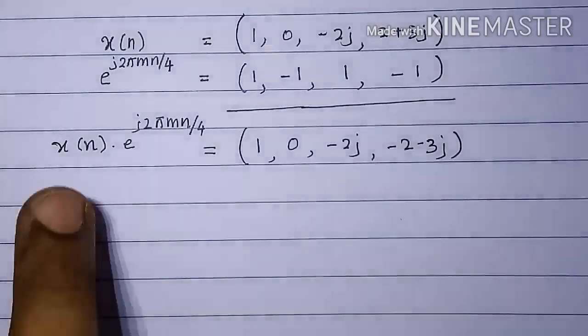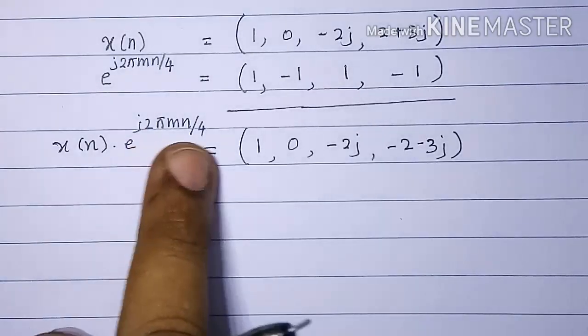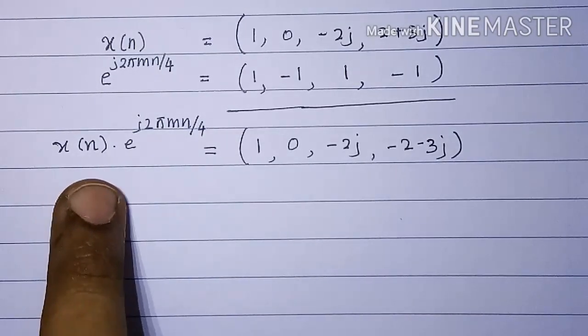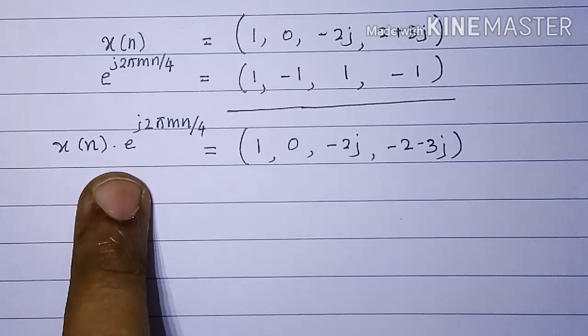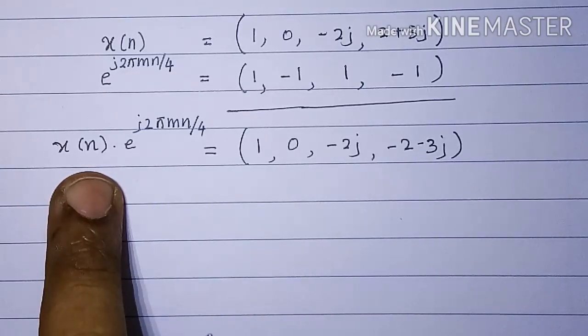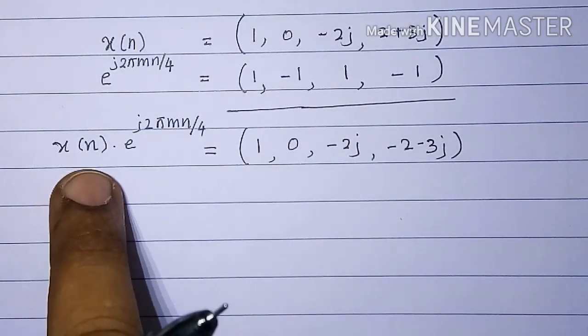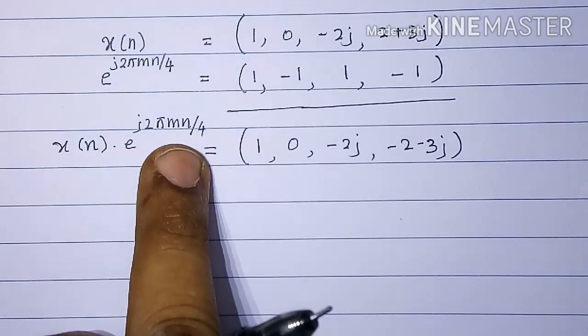Now we will calculate the DFT of x of n into e raised to j2 pi mn by 4. That is, we will calculate the DFT of frequency shifted x of n, the DFT of circularly frequency shifted x of n for m equal to 2.